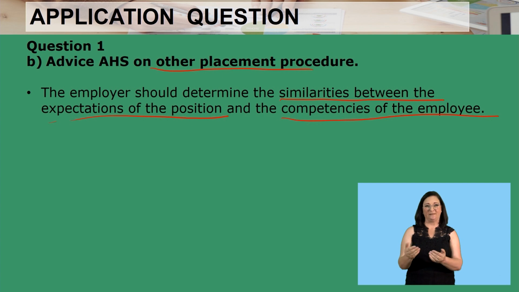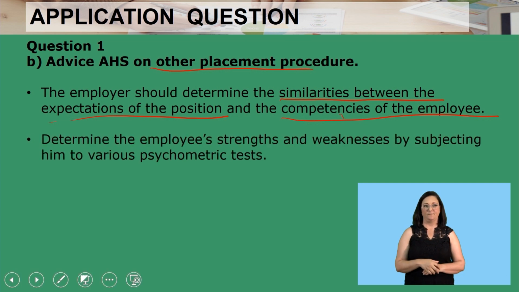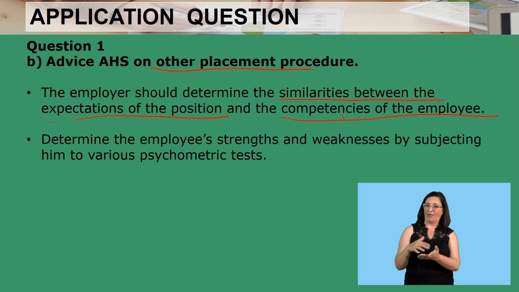After outlining that, the employer should determine the similarities between the expectations and the competencies that the new employee brings to the business. Secondly, determine the employee's strengths and weaknesses by subjecting them to various psychometric tests, because these tests help us understand the competencies of the new employee.